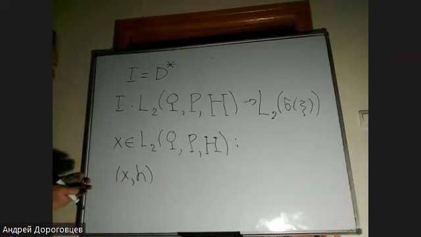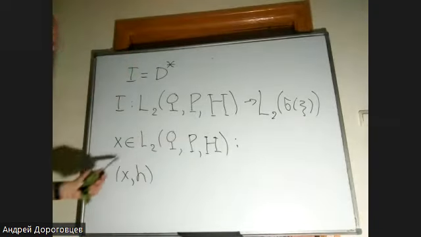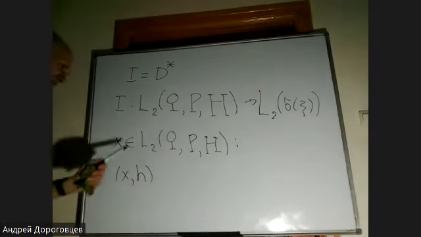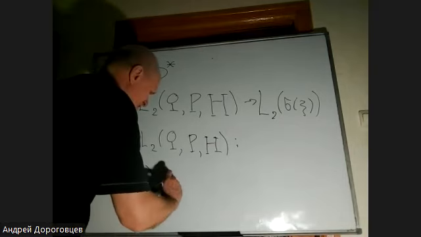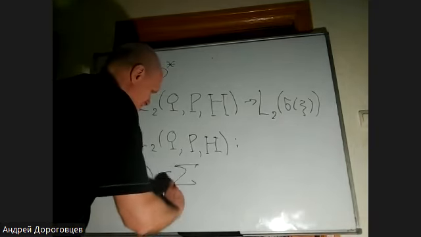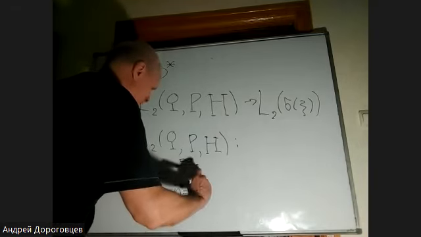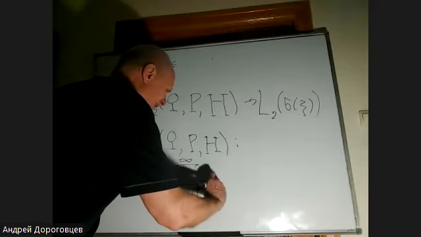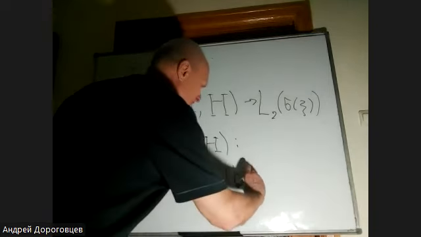Okay, so if we have a random element from there, then this is an element from there, because it has a square integrable bound, so it must have a Hermite expansion to infinity. Here is h_n, but it depends on h and x.